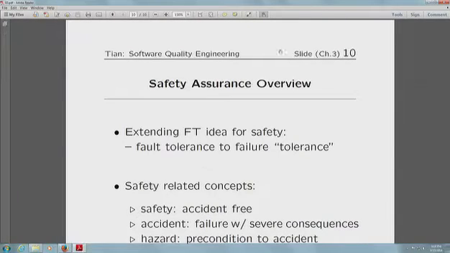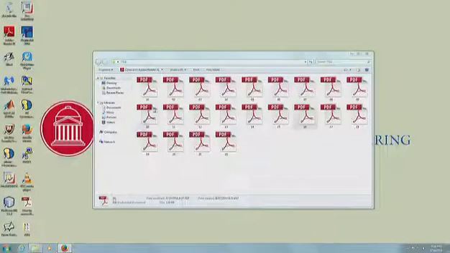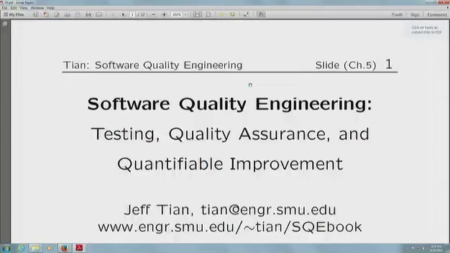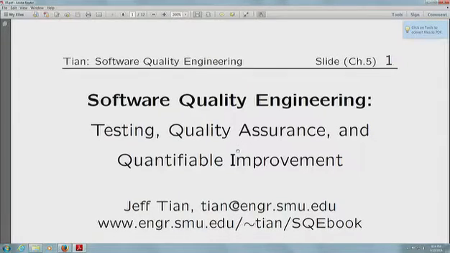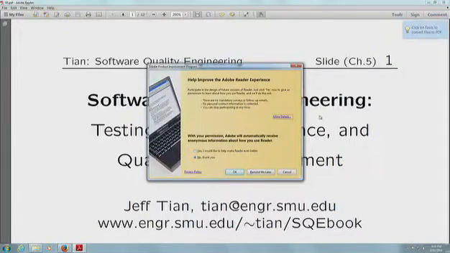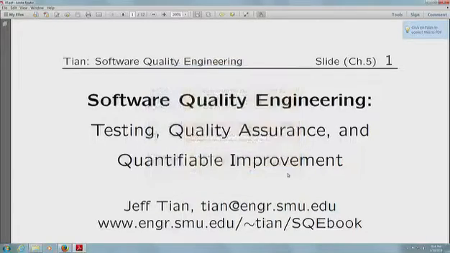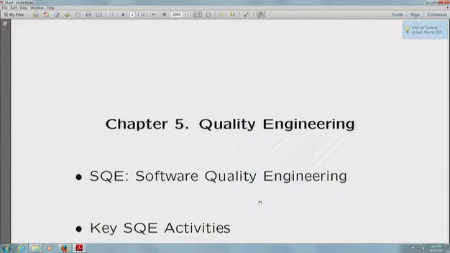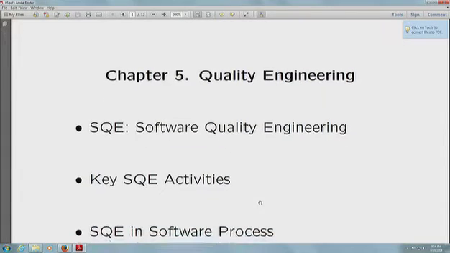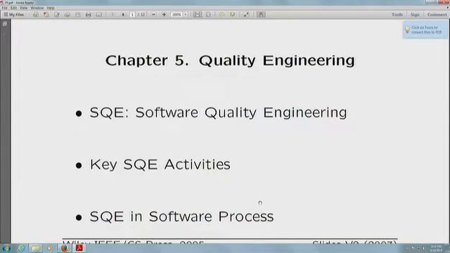So we have this one, and then let me do a little bit of chapter 5. So essentially now we have this one. We talked about quality and quality assurance, but we didn't talk about quality engineering.